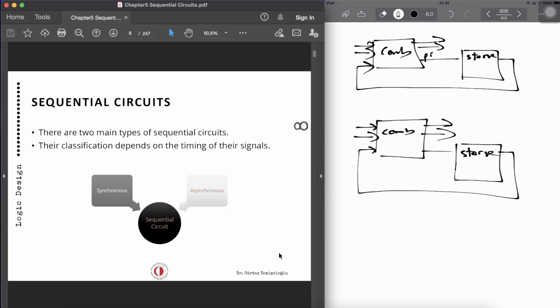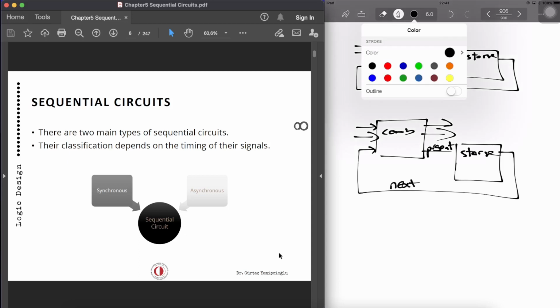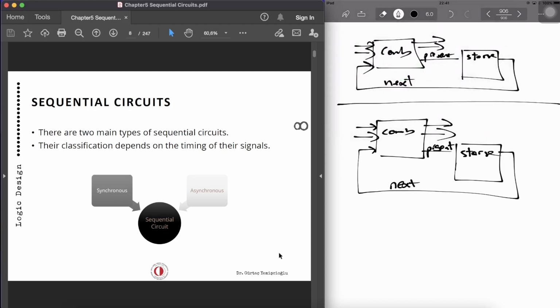So this is present, and this is next. Now the difference over here is that this is async, let's say, and this is sync.